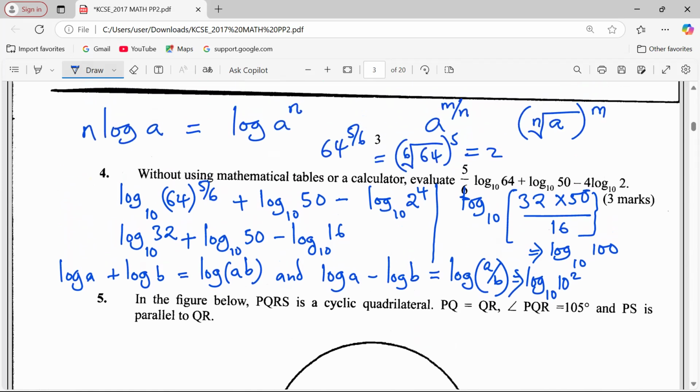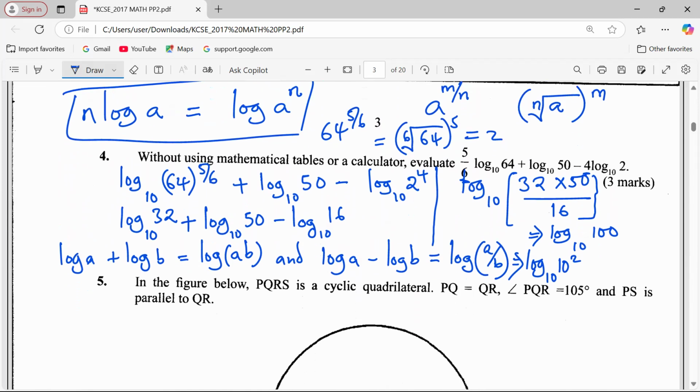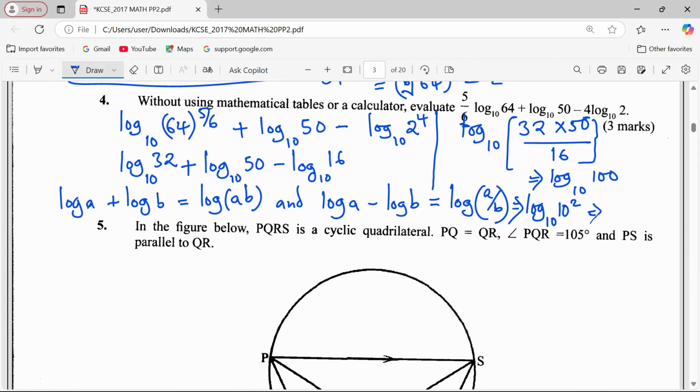Applying this law, we can drop the power and have 2 times the log of 10 to base 10. The log of a number to the same base is 1, because log of 10 to base 10 is equivalent to 1. So it will be 2 times 1.